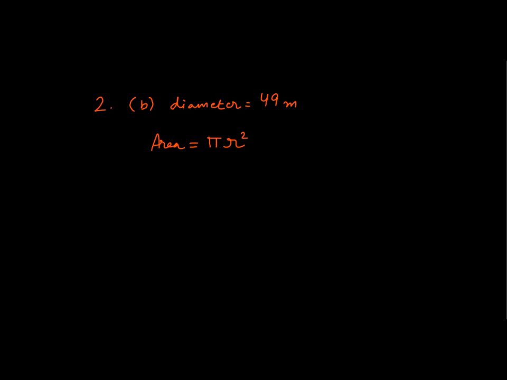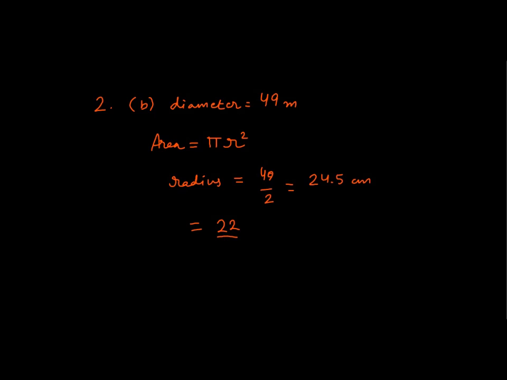Now here radius is not given but diameter is given. So first of all we'll find the value of radius. Radius will be half of the diameter, that is 49 divided by 2, which comes out to be 24.5 centimeter. Now this is the value of the radius. Now we will put this value of radius to find the value of area.